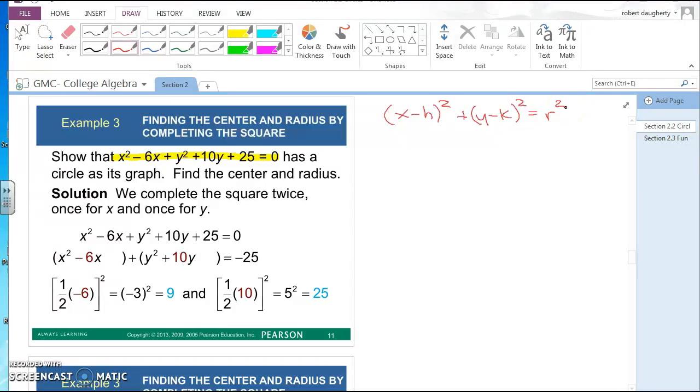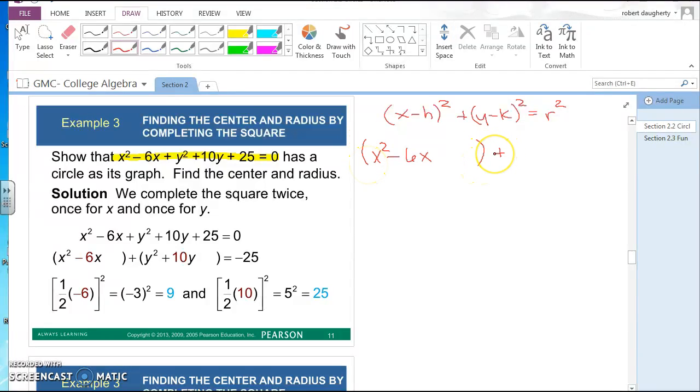We've done that before, but I've got to do it with two variables. So I'm just going to write x squared minus 6x. Those are my x terms. I'm just going to leave some space there.